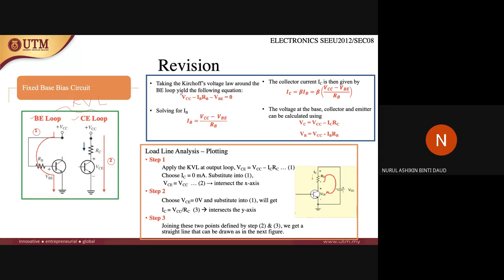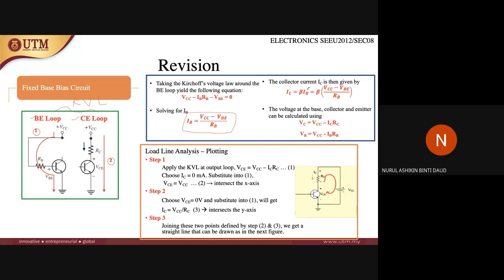So you will get IB, for you to know the value of current that flows at the base. So this is the formula: IB equals VCC minus VBE divided by RB, which is the resistor value at the base.